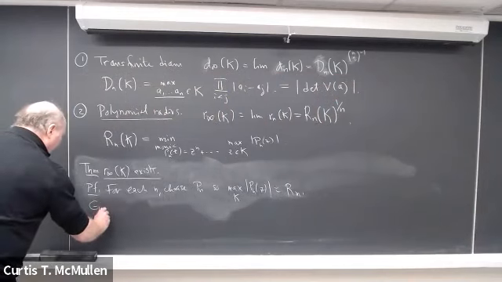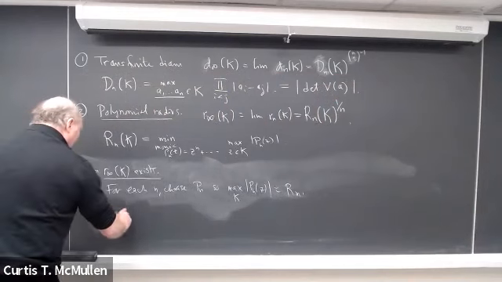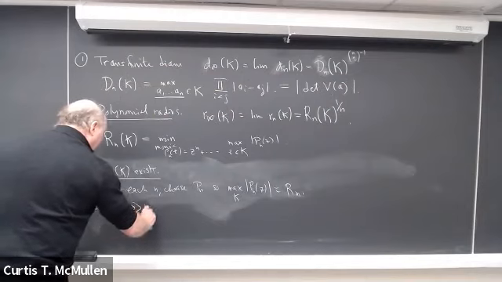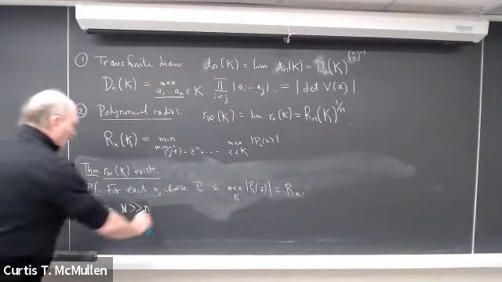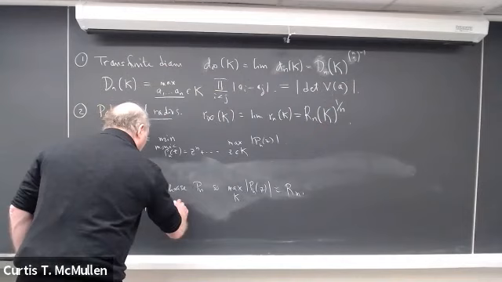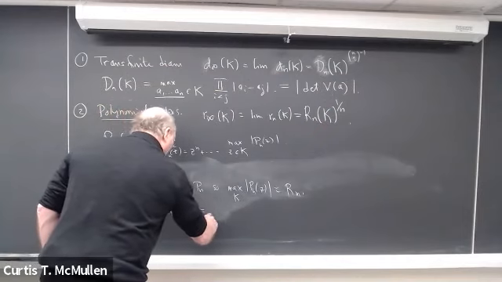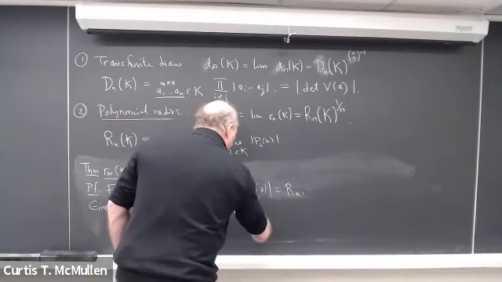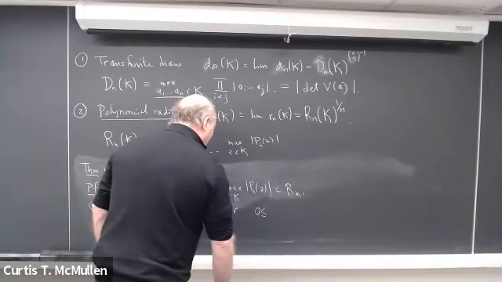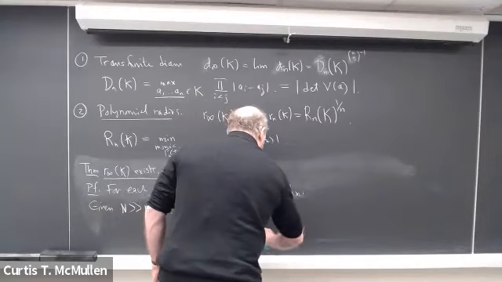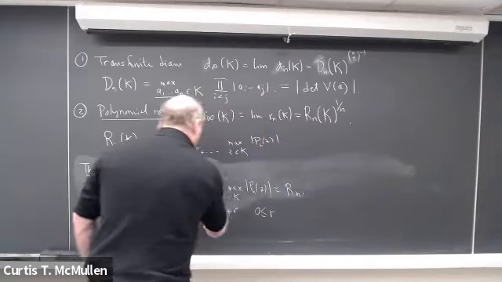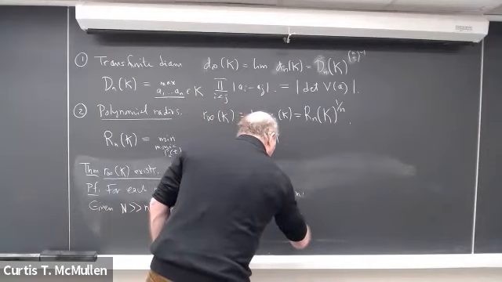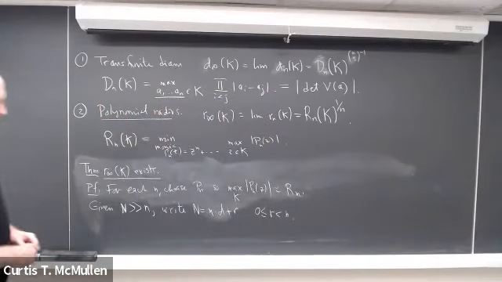So now given any n, let's think of it as being much bigger than little n, we can write this big N as n times little d plus a remainder r, where the remainder is between 0 and little n minus 1.